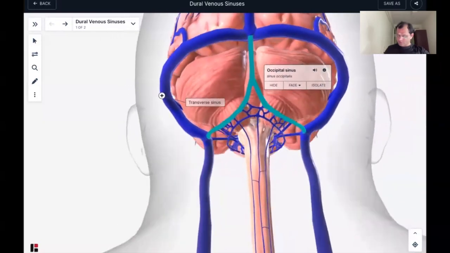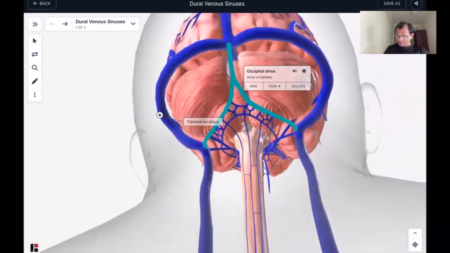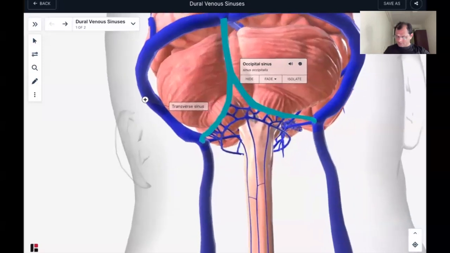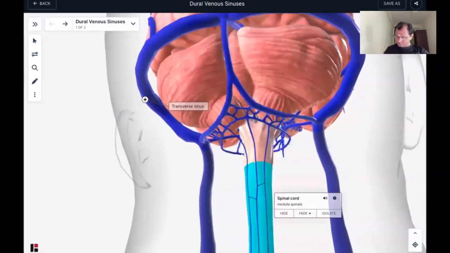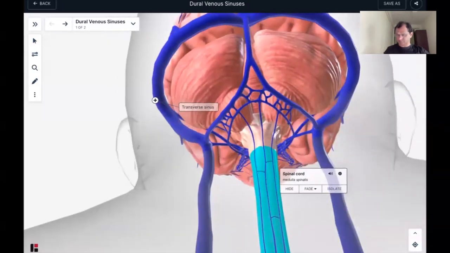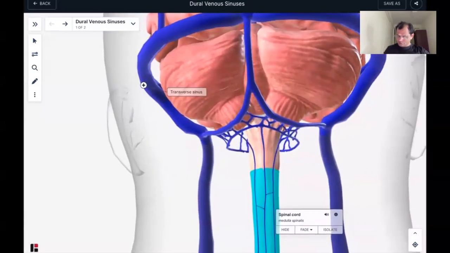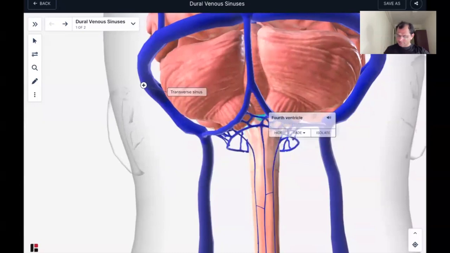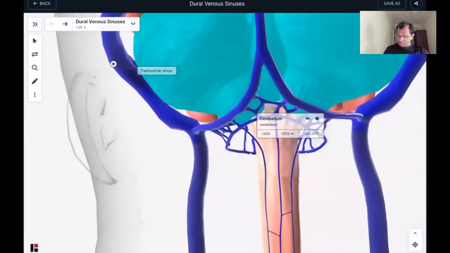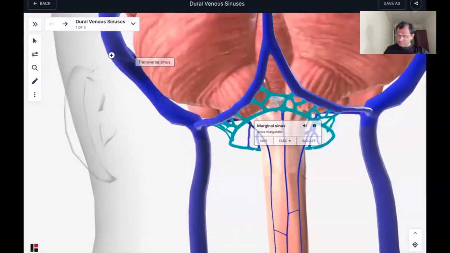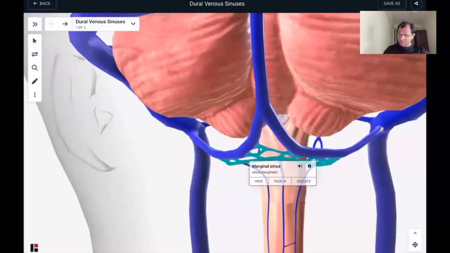Then we are going to the bottom. At the bottom, the spinal cord takes exit. We can see this is the spinal cord taking exit. At the last part of the brain, there is one more sinus, the marginal sinus. So I will introduce 2 more sinuses here.